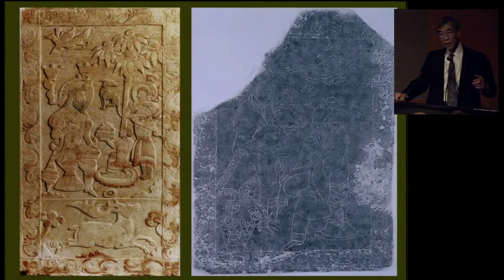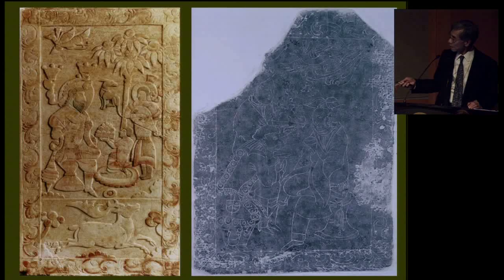Now, we have to go back to our earlier exhibition in 2004, where we traced the origins of the art of the Tang Dynasty. In the 6th century, we had two stone slabs of exactly the same subject.